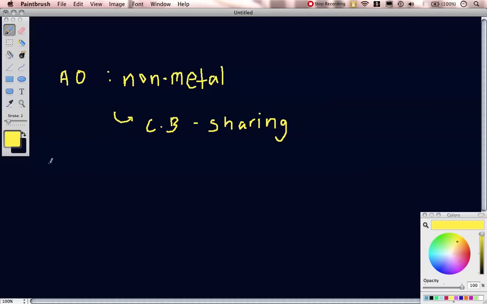Now, a really easy reaction to demonstrate this is sulfur trioxide. We know that sulfur is a nonmetal, so this is a really easy one to look at. Sulfur trioxide plus water gives us a very familiar acid, which is H2SO4.